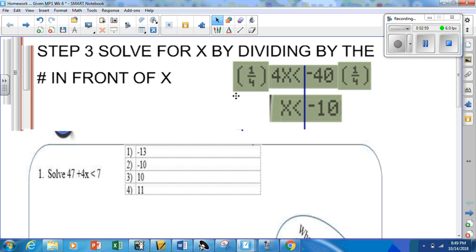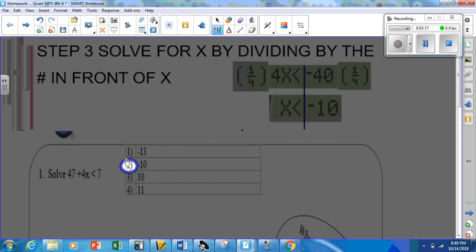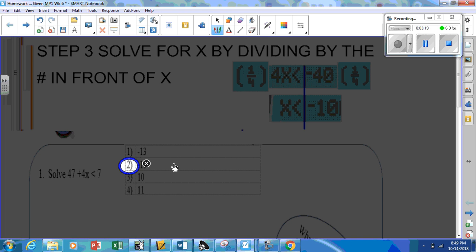I'm multiplying 1/4 by 4, and I get back x. If I do that for the right, 1/4 times negative 40 will give me back negative 10. So the solution to our set is going to be negative 10.